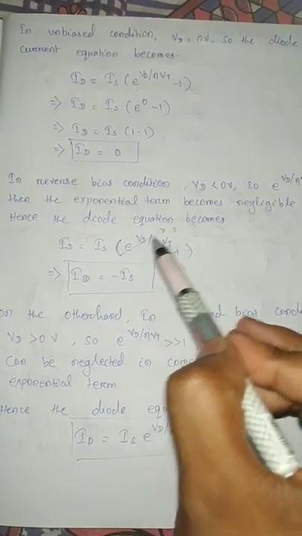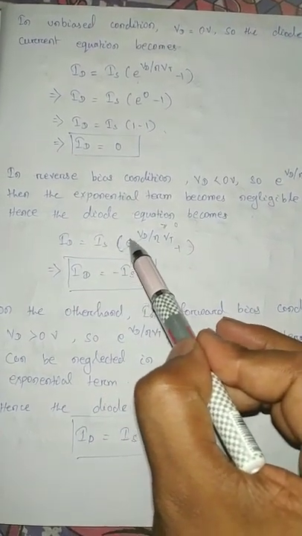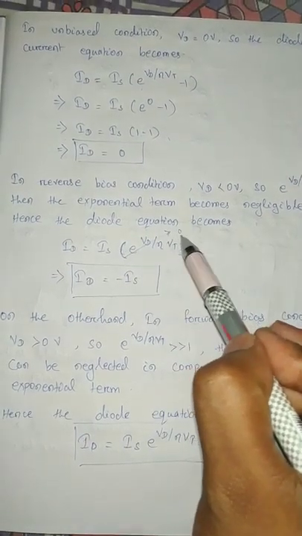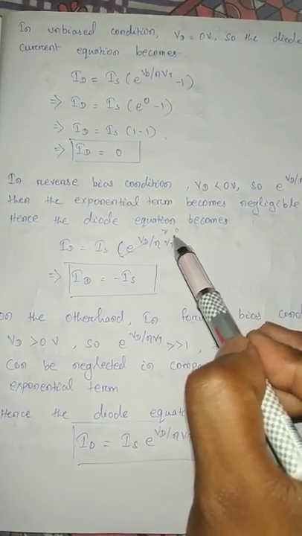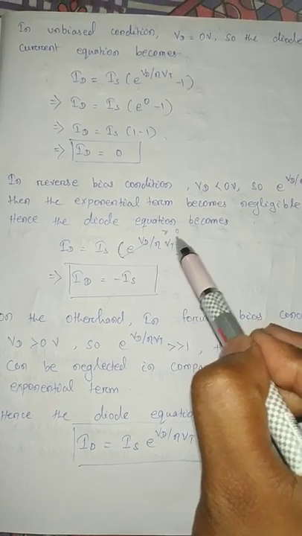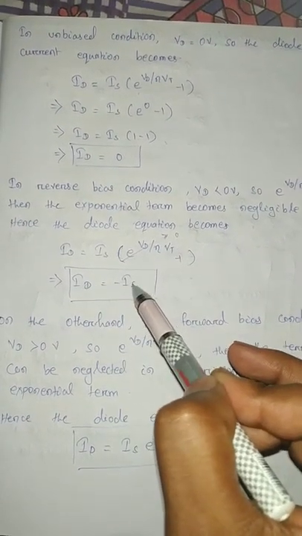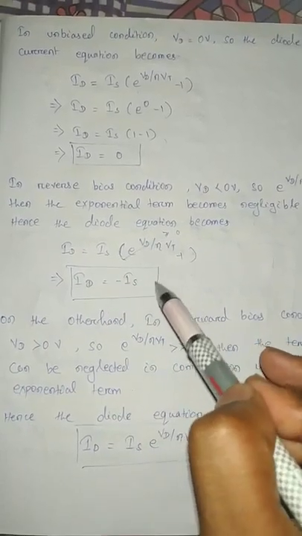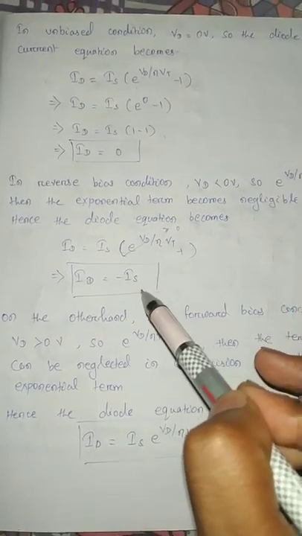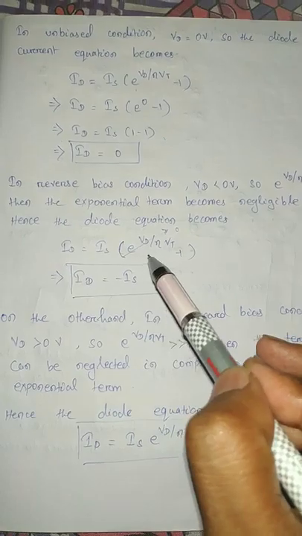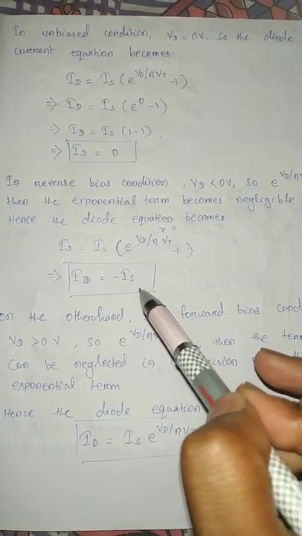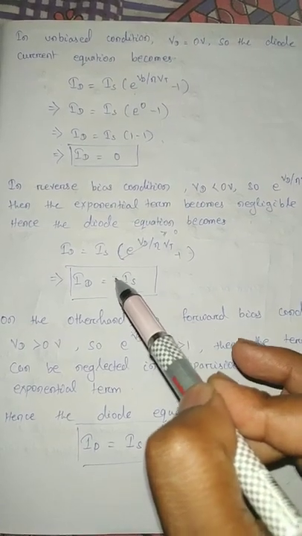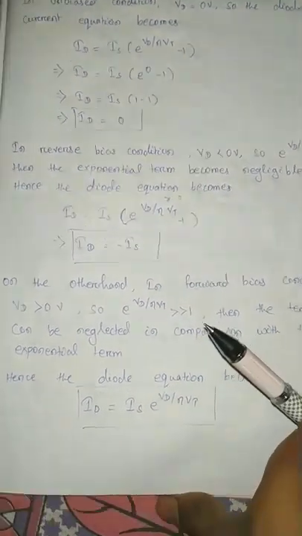Neglecting this exponential term, we obtain Id equal to minus Is. That means in the reverse bias condition, the current flowing through the diode is only the reverse saturation current.